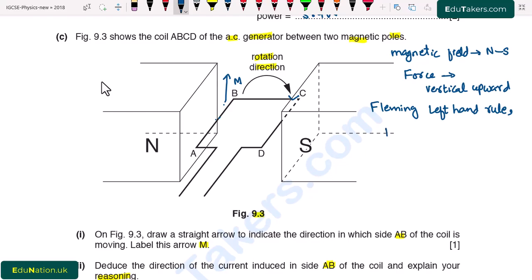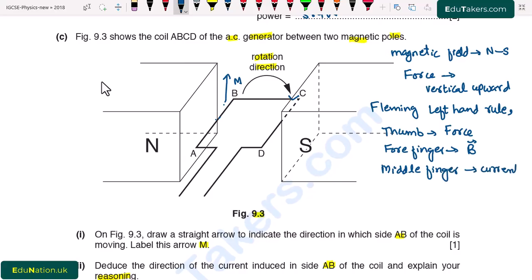I write here: thumb is in the direction of force and forefinger is in the direction of magnetic field, and middle finger shows the direction of current. By using Fleming's left hand rule, I see that the current on the side AB is flowing from A to B like this. So it is the direction of current on the side AB.